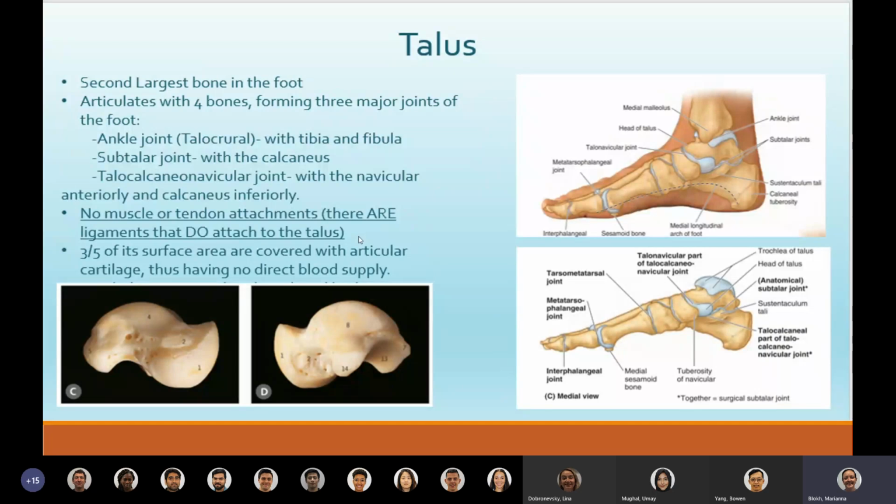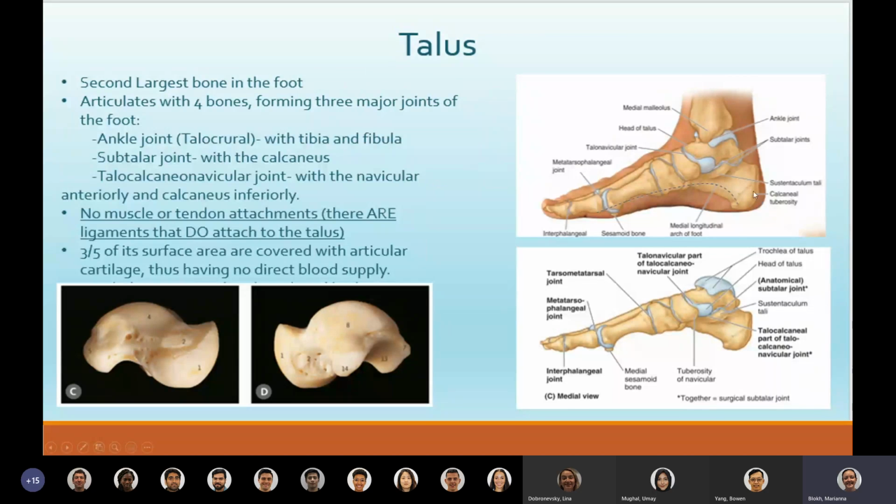So there are only limited portals of entry that the talus receives as far as blood supply, and that's what makes the talus a bone that, when it's injured, is very difficult to heal. For comparison, if you compare a fracture of the talus and a fracture of the calcaneus, which is very often shattered in a classic fall from a ladder type of situation, that'll be the board question. The guy was putting up Christmas lights, fell straight heel down from a ladder, and shattered the calcaneus.